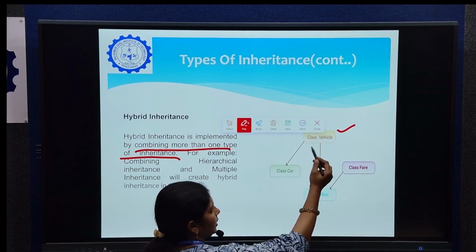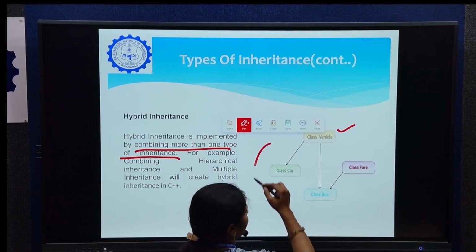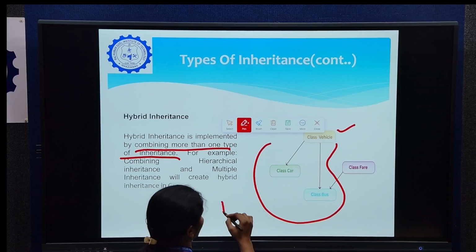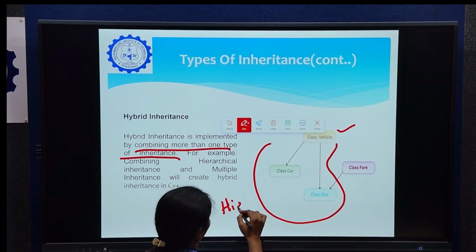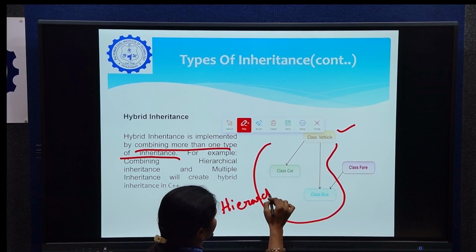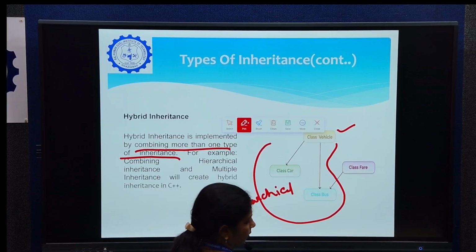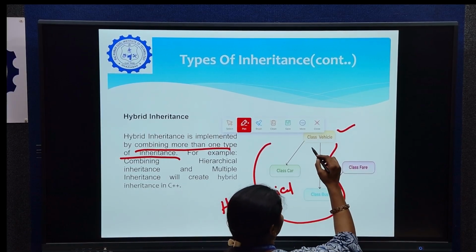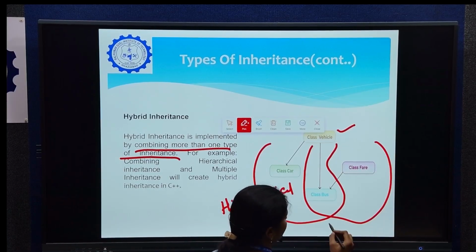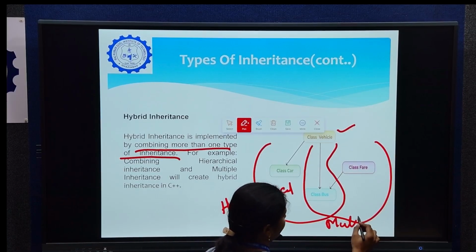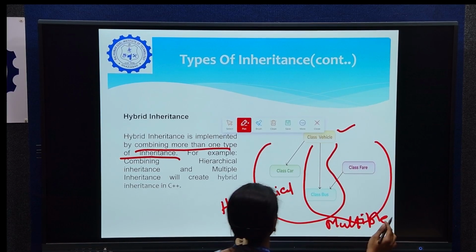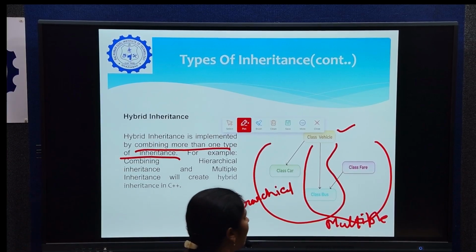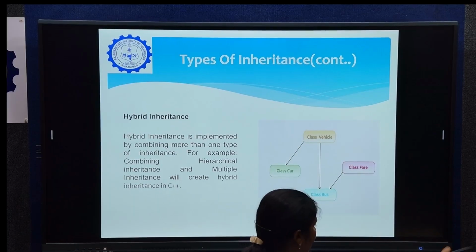This is hierarchical, and this is multiple. So we can say it is a combination of hierarchical and multiple inheritance. This is hybrid inheritance.